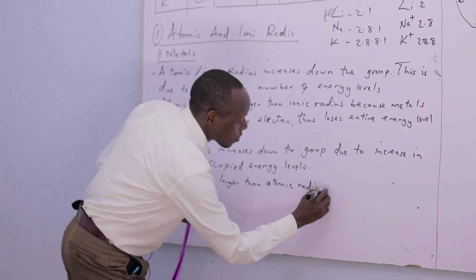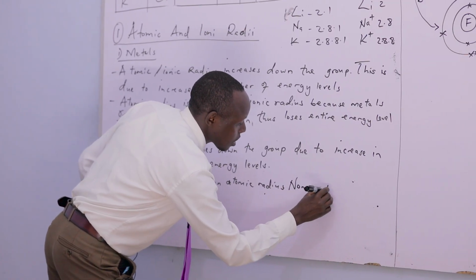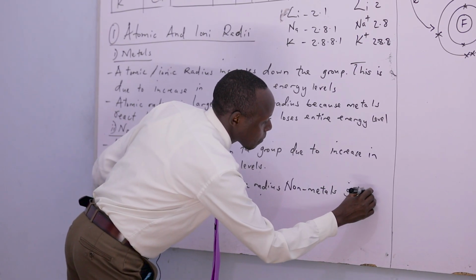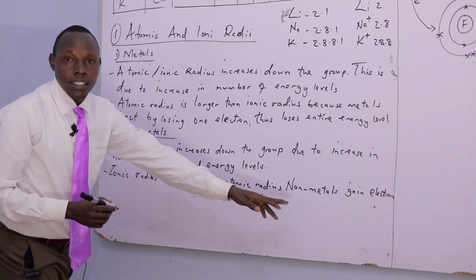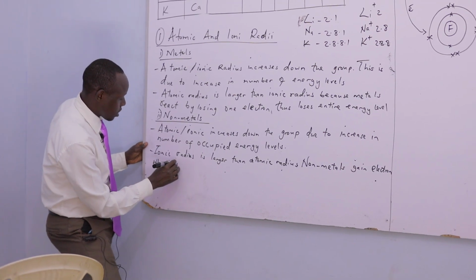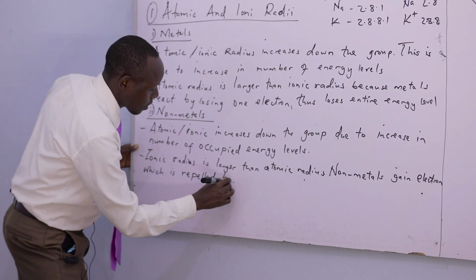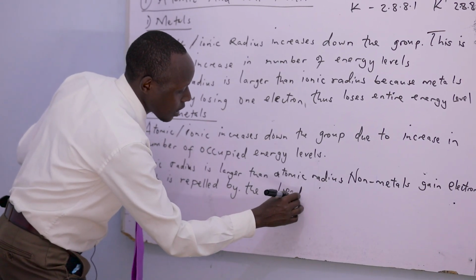The reason is because nonmetals gain electrons to be stable. It gains an electron which is repelled by the already present electrons.